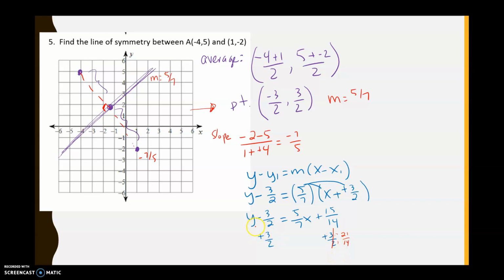So now I'm going to get y is equal to 5 over 7x, and then 15 plus 21 gives me 36 over 14. But I can simplify this. Dividing out by 2, I get y is equal to 5 over 7x plus, divide by 2 on top and bottom, 18 over 7.